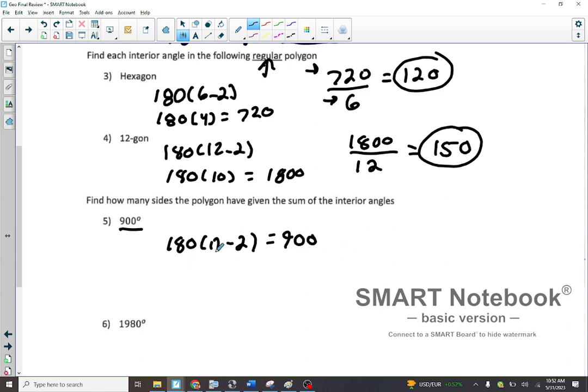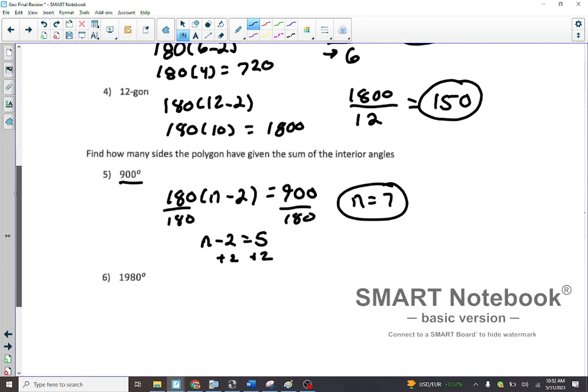What I find easier to do is divide 180 on both sides first. The reason is otherwise you have to distribute 180 and then deal with more big numbers, which is annoying. That means you just get n minus 2 equals, in this case, 900 divided by 180, or 5. And then plus 2 on both sides. n equals 7.